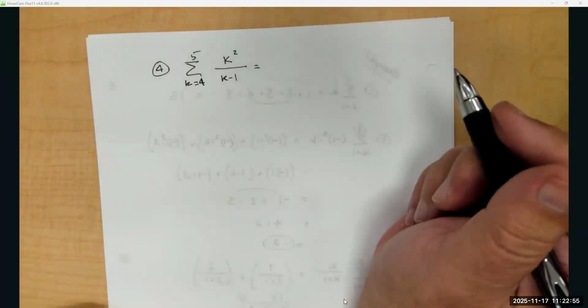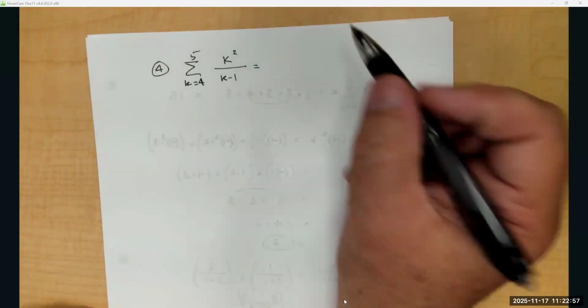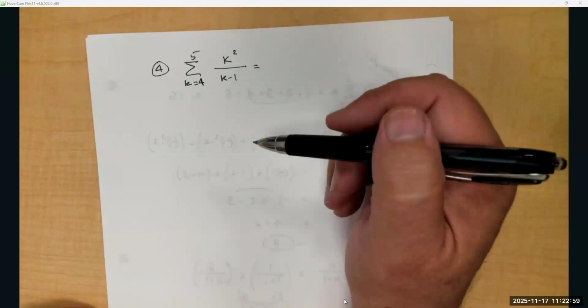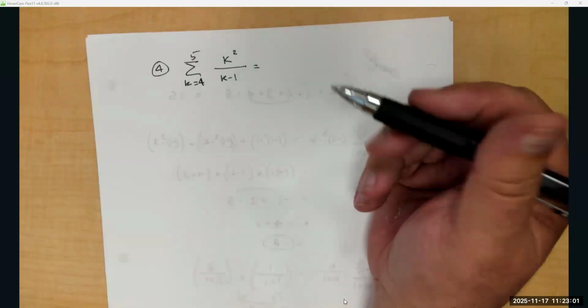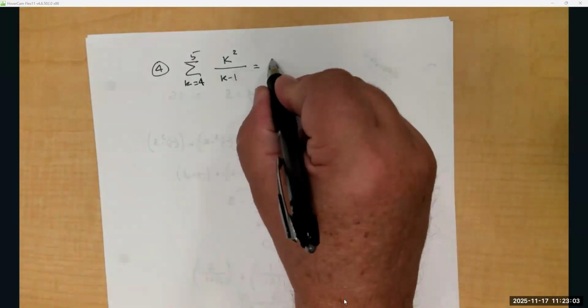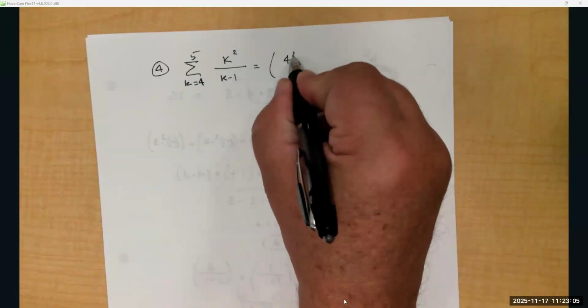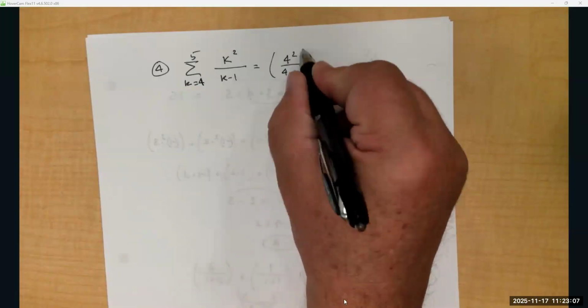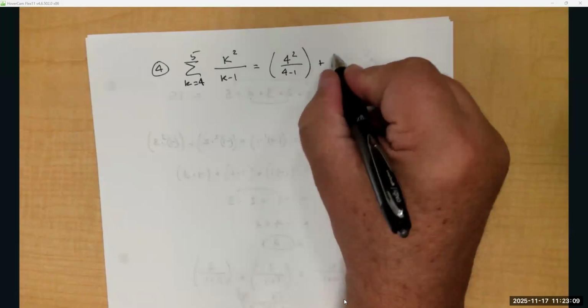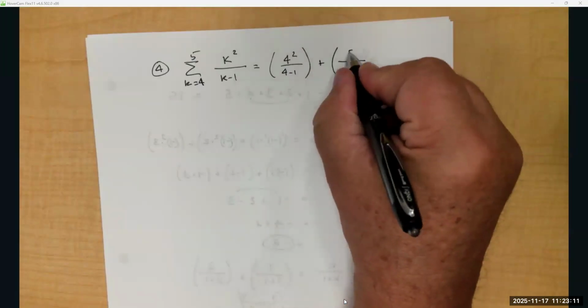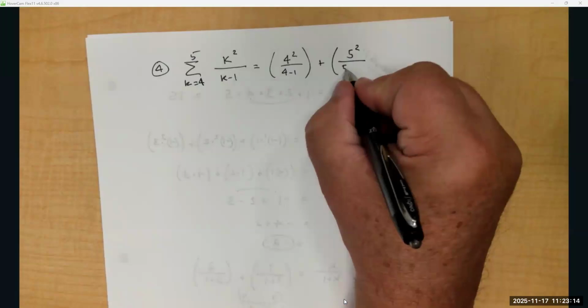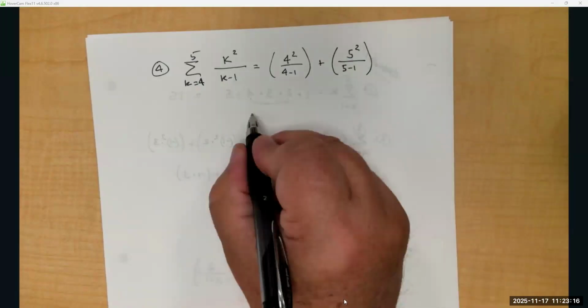It starts at k is 4. Why couldn't we start off with k as 1? Because the first one would be undefined, so the whole thing's undefined. So the first one, it's 4 squared over 4 minus 1, plus 5 squared over 5 minus 1.